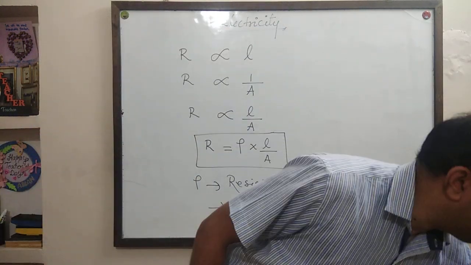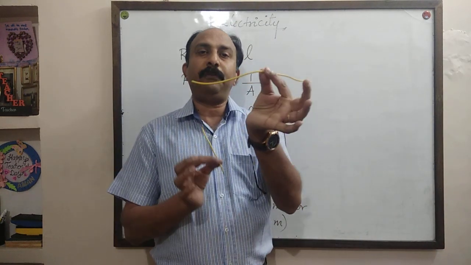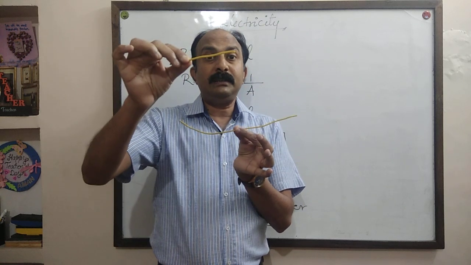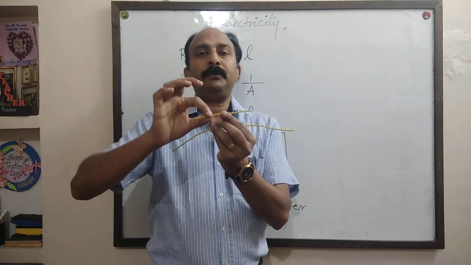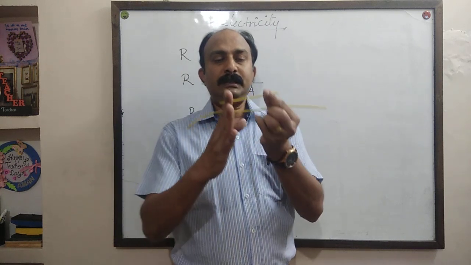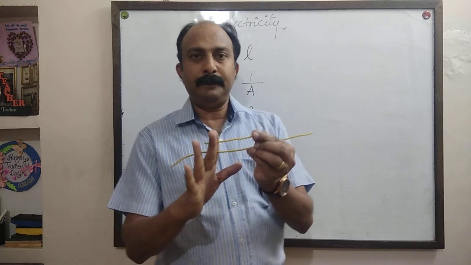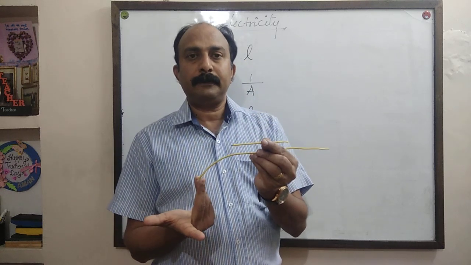As I told you, the resistance of this wire and this wire are different, but the resistivity is the same. Why? Because both are made up of the same copper material. So resistivity of both these wires is the same because the material is the same, copper.